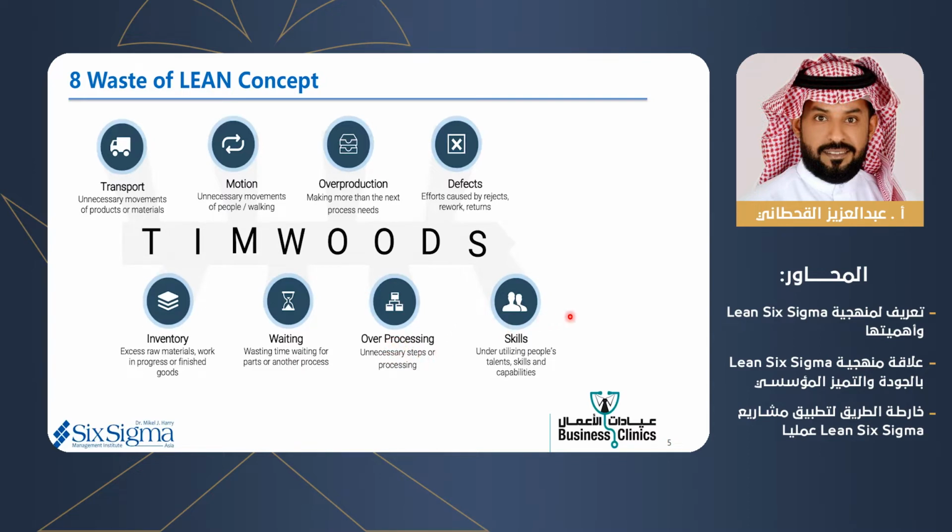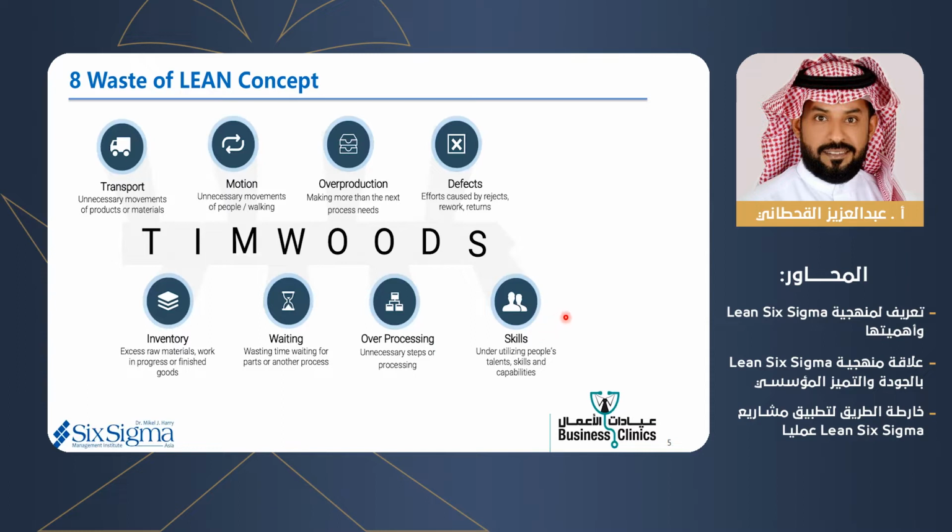And the last one is skills, unutilized people's talents. For example, if we have a person in our organization who has a certain type of skills, and we are not utilizing these skills in the right position, it's considered a waste.